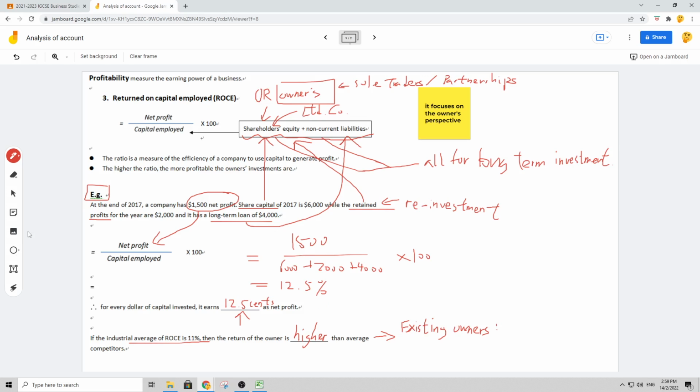So yeah, what do you think, guys? Because at the end of the day, you may have to provide some feedback for your exam. So when you look at the two numbers here, you get 12.5% and you get 11%. So anything that you can tell us? No? Not really? Come on, guys.